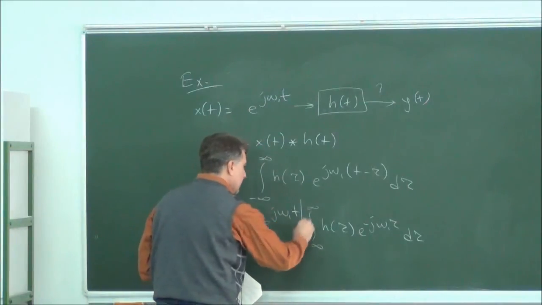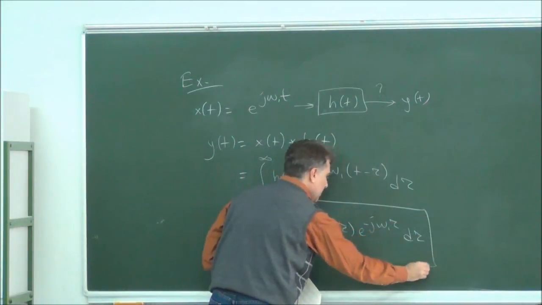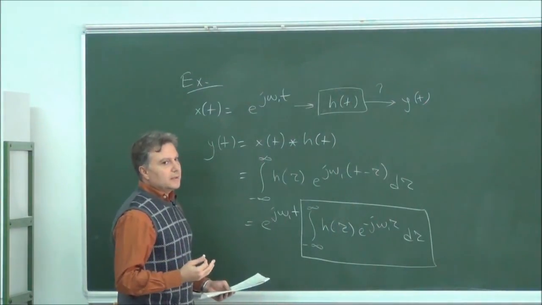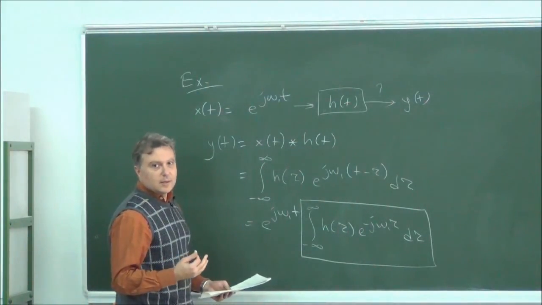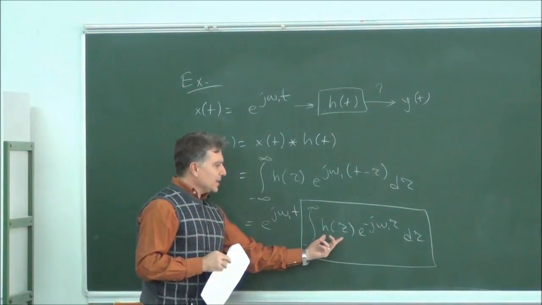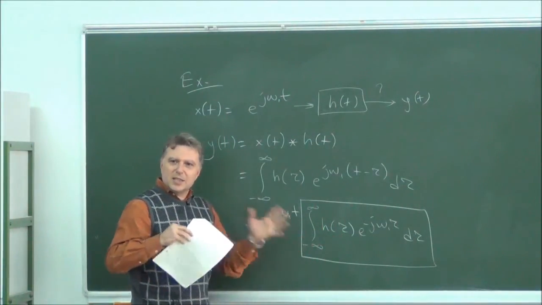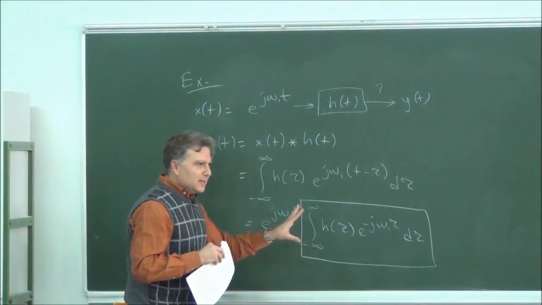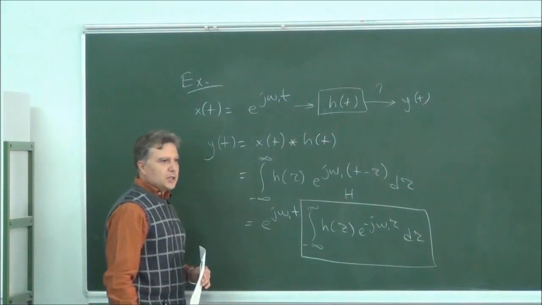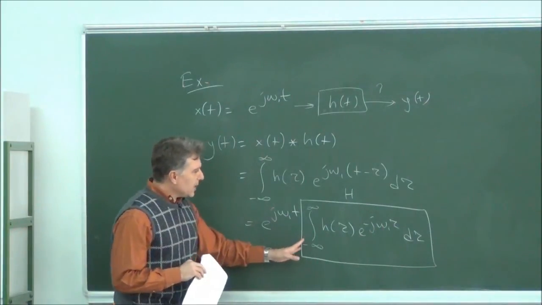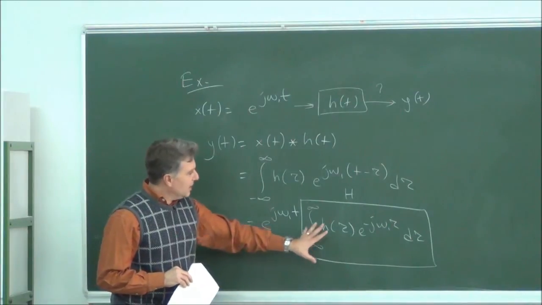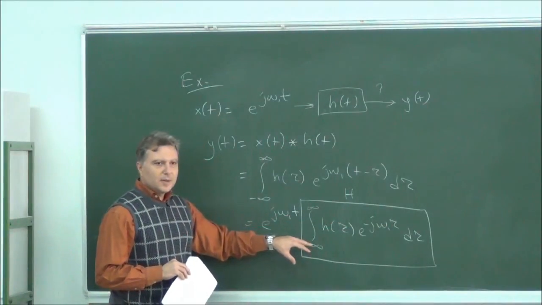Now, this thing is something to be evaluated, and we cannot evaluate it because we don't have a particular representation of h. We don't know what h is. It is just h. But whatever it is, let's call it a capital H. Is it a function of time? It's not a function of time. There is no time index left inside this integral.